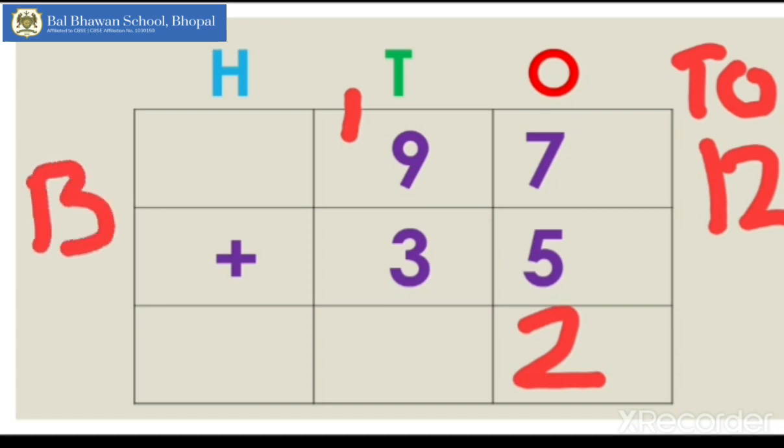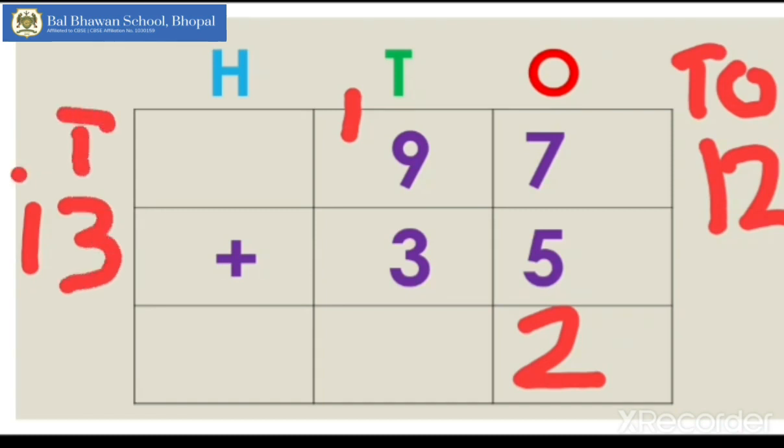So 13: this 3 is at tens place and this 1 is at hundreds place. This 3 will be written under tens place, and this 1 will be written under hundreds place, because now you are not having any digit under hundreds place.